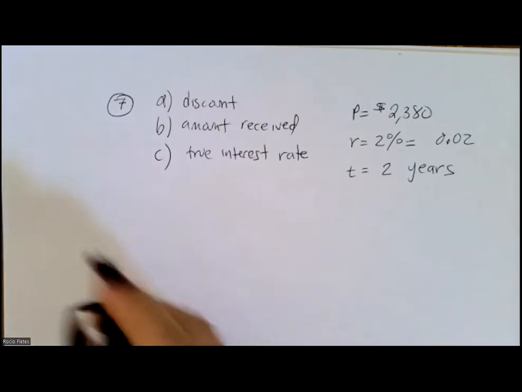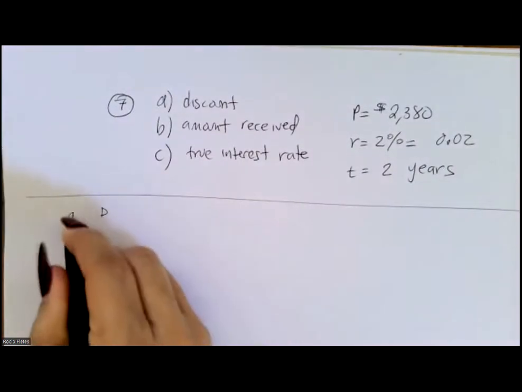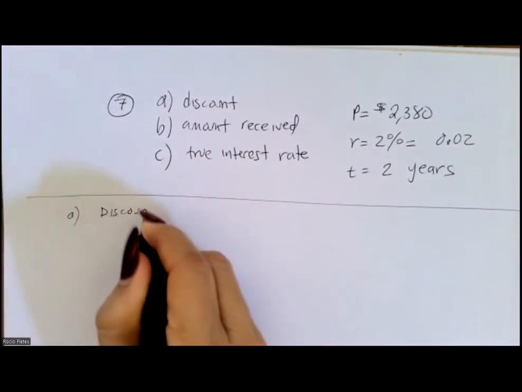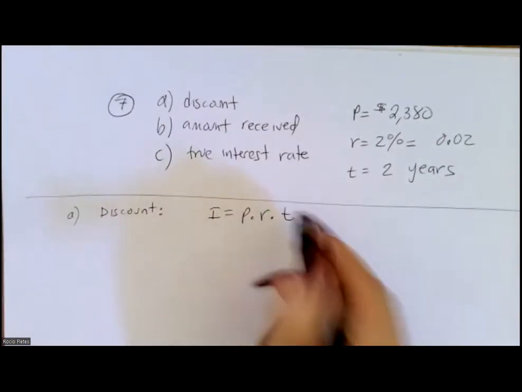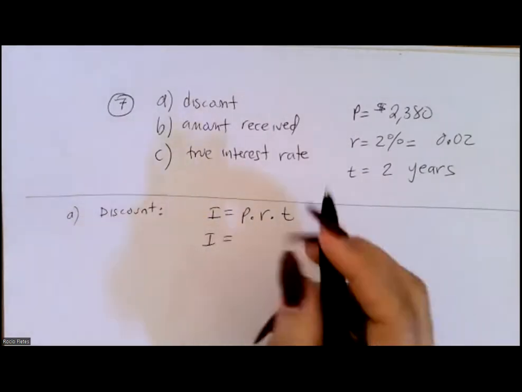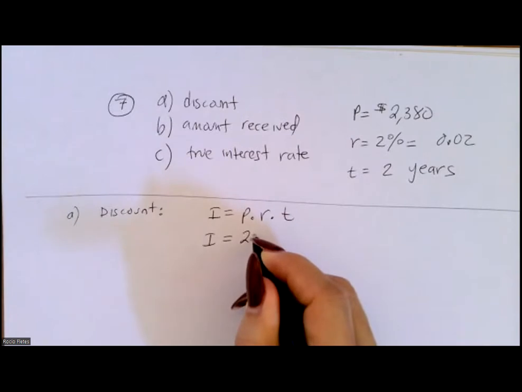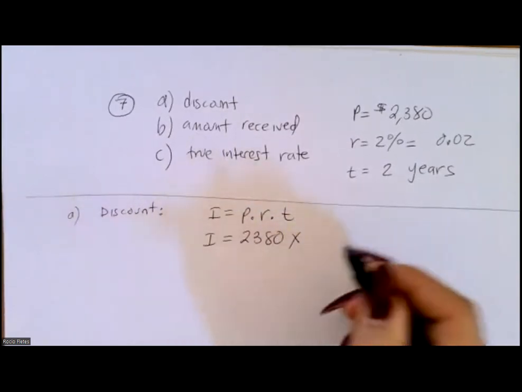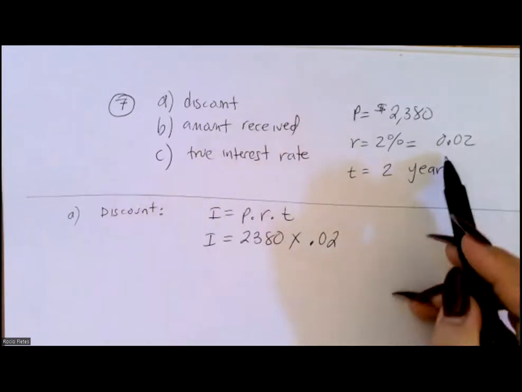Okay, so in order to find the discount part, I'm going to use the formula I equals P times R times T. And I'm going to find the amount of interest. The principal is 2,380. The interest rate is 2%, so 0.02.